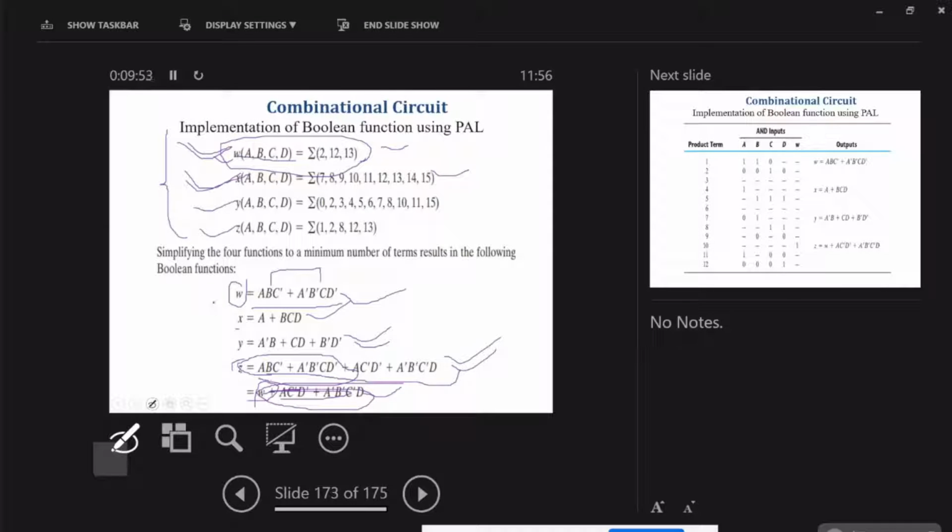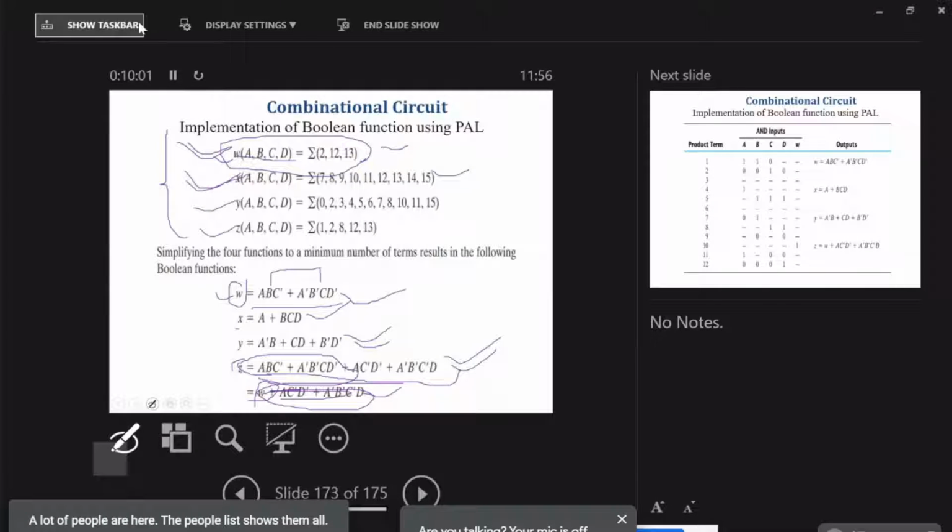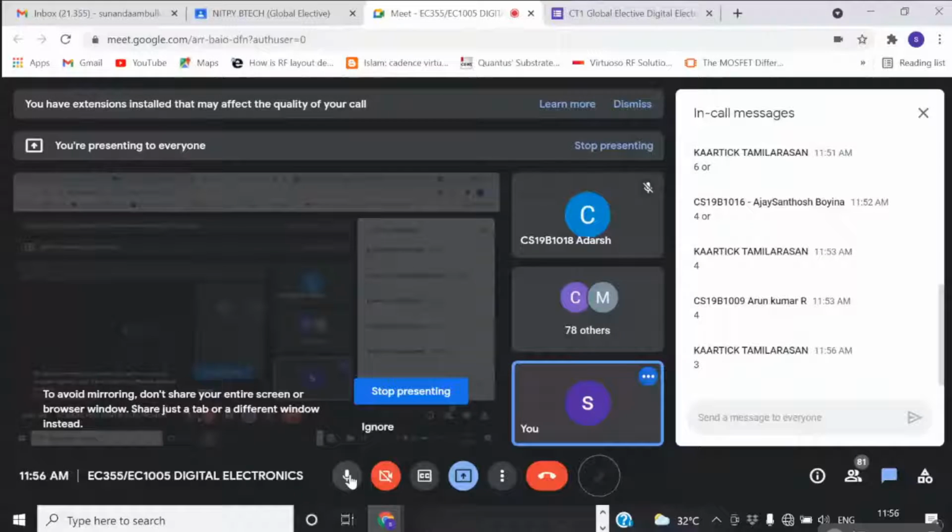For the representation, for the implementation of W, X, Y, and Z, four number of... One second.